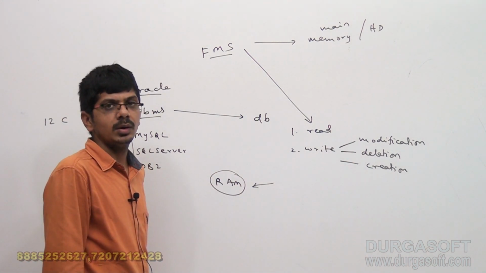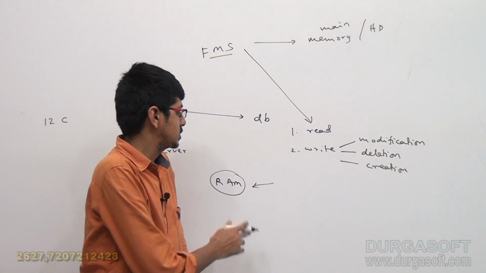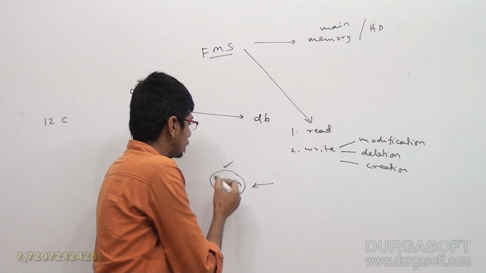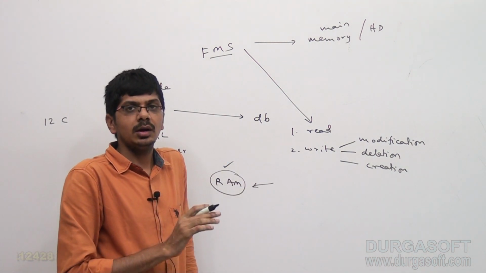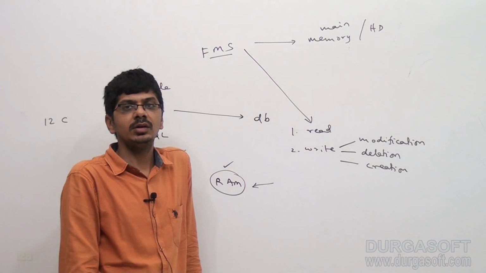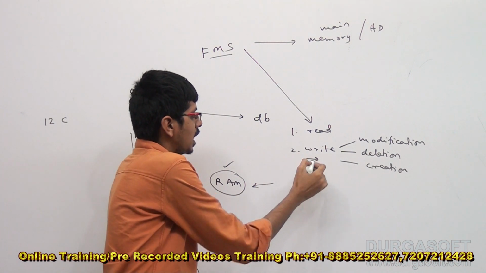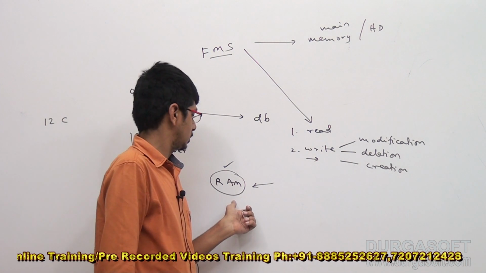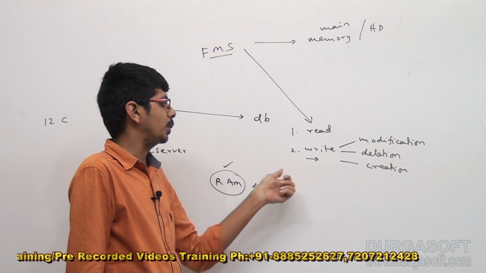Okay, and whatever changes you are making to the data are saved in RAM only. So whenever your operations are completed, then the final data is saved into the hard disk by committing the data.